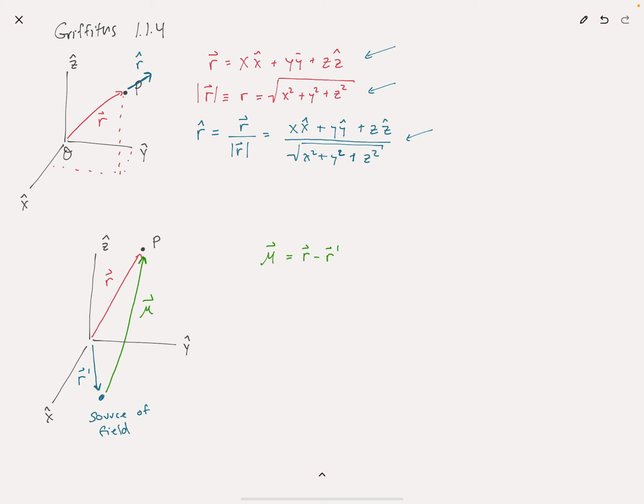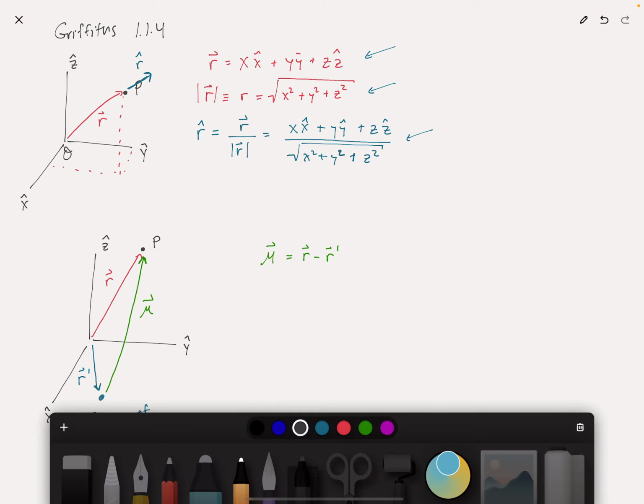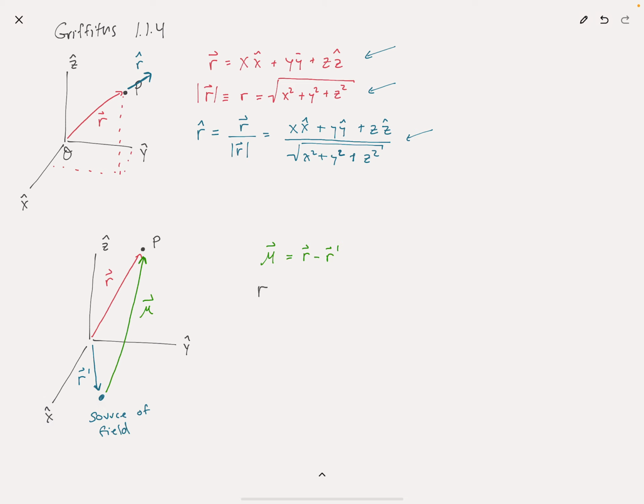What I find convenient to do is to take my components. Vector r is going to be x in the x hat plus y in the y hat plus z in the z hat. My vector r prime is going to be some other set of components in the same coordinate system: x prime in the x hat, y prime in the y hat, and z prime in the z hat. And then I can build my new vector, script r.